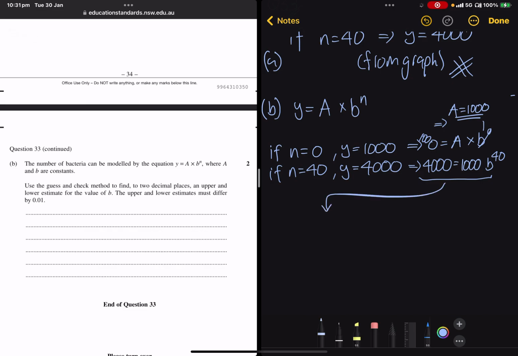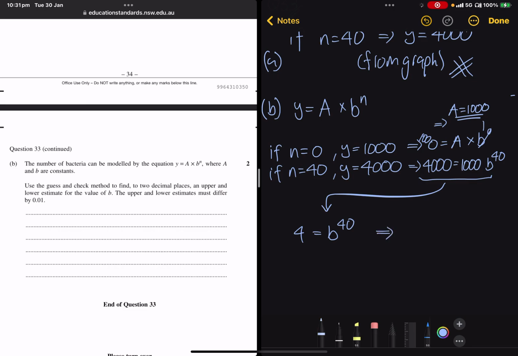If we divide both sides by 1,000, we get 4 is equal to b to the power of 40. So now we need to try and guess and check values of b that are suitable.